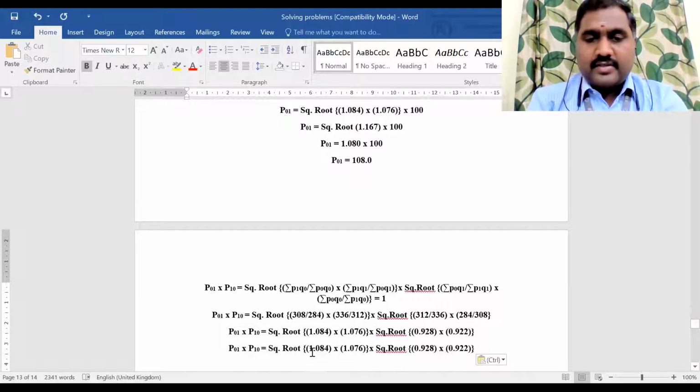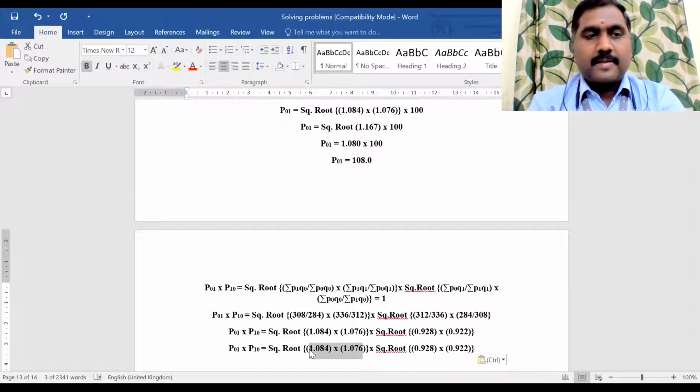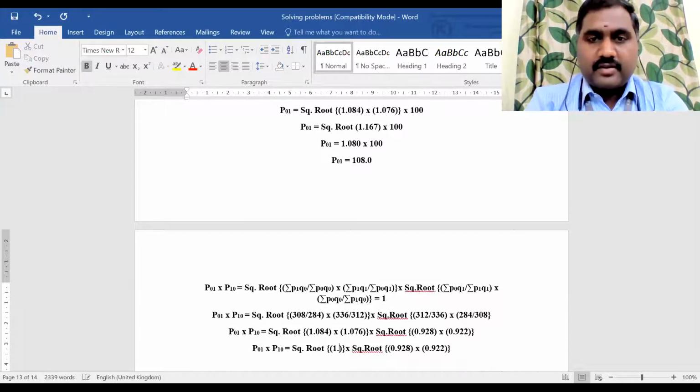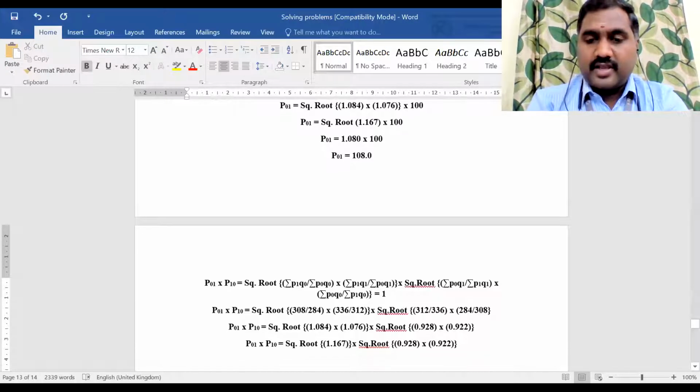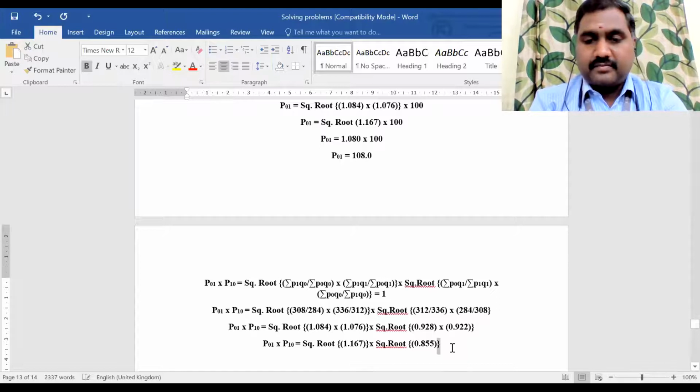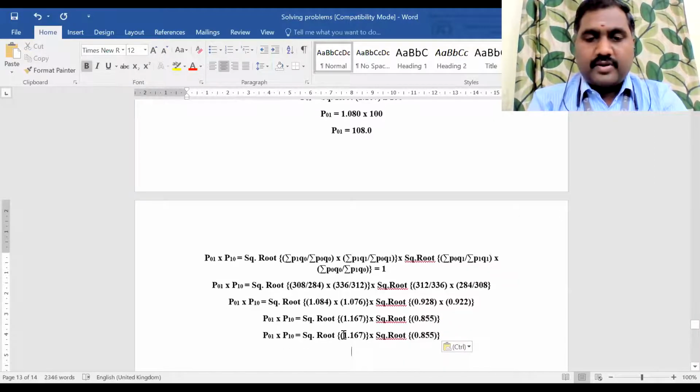Now what is the value of 1.084 into 1.076? 1.167. Okay, it's already there. And 0.928 into 0.922? 0.855. Now tell me the square root value of both. What is the square root of 1.167?